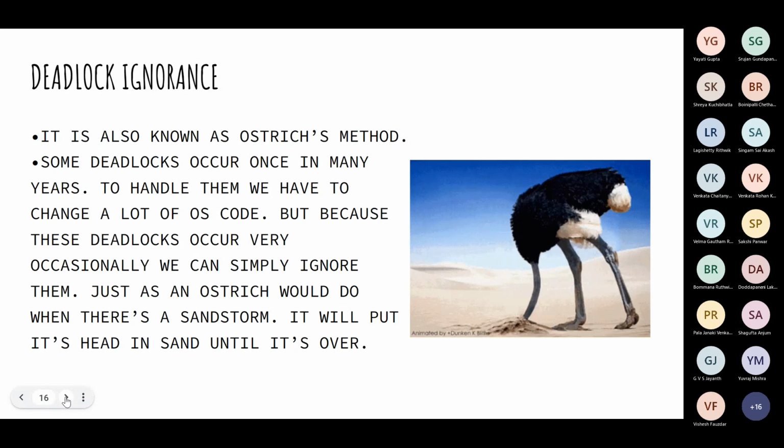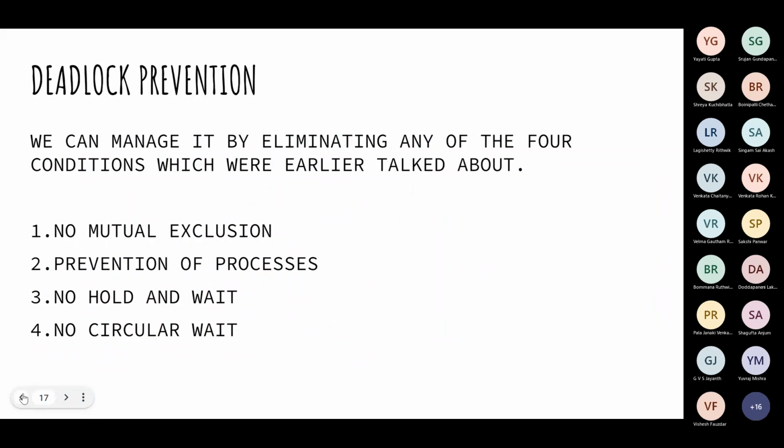Some deadlocks occur once in many years, and developers don't focus on them because they occur very rarely. Instead, they prefer to focus more on hardware crashes and system crashes. So we just ignore them, just like ostriches ignore a sandstorm by putting their head in the sand until it's over, like ignoring the problem.